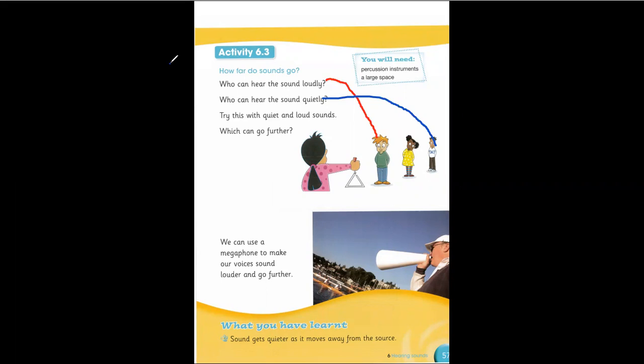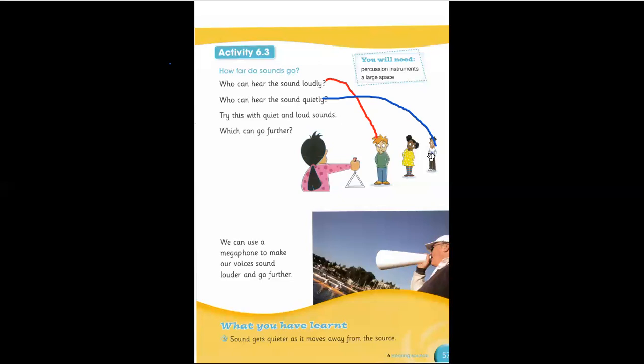When we are away from the source of sound, it becomes quieter. Like this boy. When he is far away, the sound will travel from him.